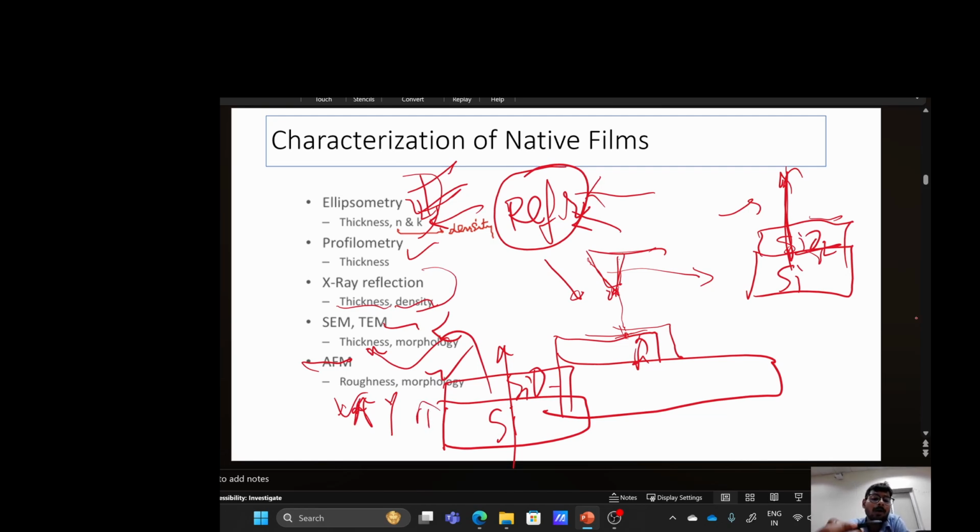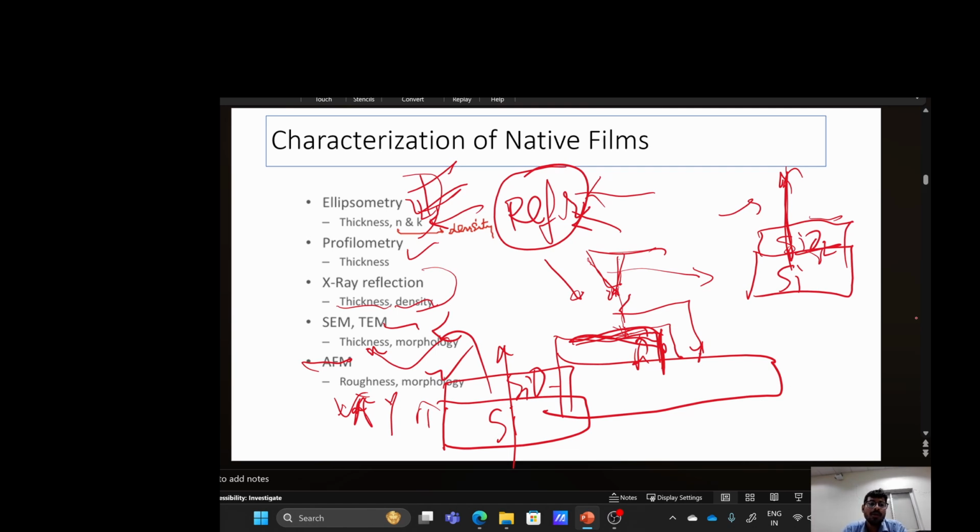You can also check the thickness from the AFM if you can make a step. The tip will move and give you the step height. So with AFM as well you can check the thickness.